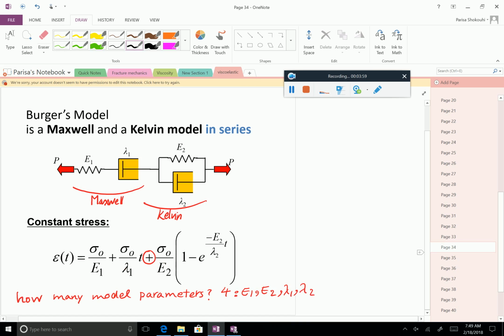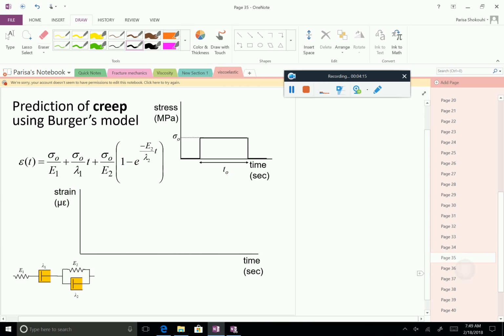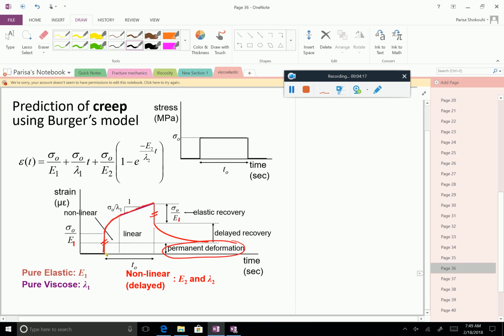And at the end we learned Burgers' model, where we have a Maxwell model and a Kelvin model put in series. So in this case, we do not have full recovery, so the behavior was a little bit more interesting. First you have instantaneous deformation, then delayed deformation, and this delayed deformation is a combination of the dashpot and also the Kelvin model.